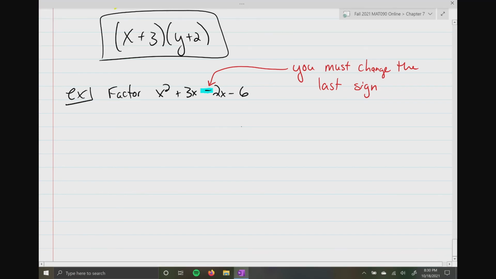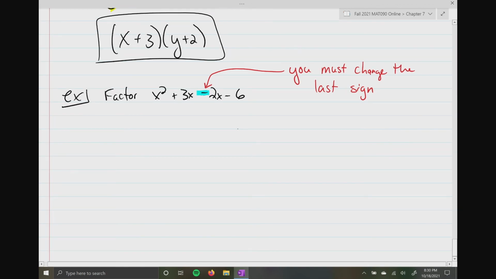So here we go. Factor by grouping, starting over again, understanding that that middle sign is negative. I group the first set. I group the second set. But since this middle sign is a negative, this second sign has to change. So now I make it positive.